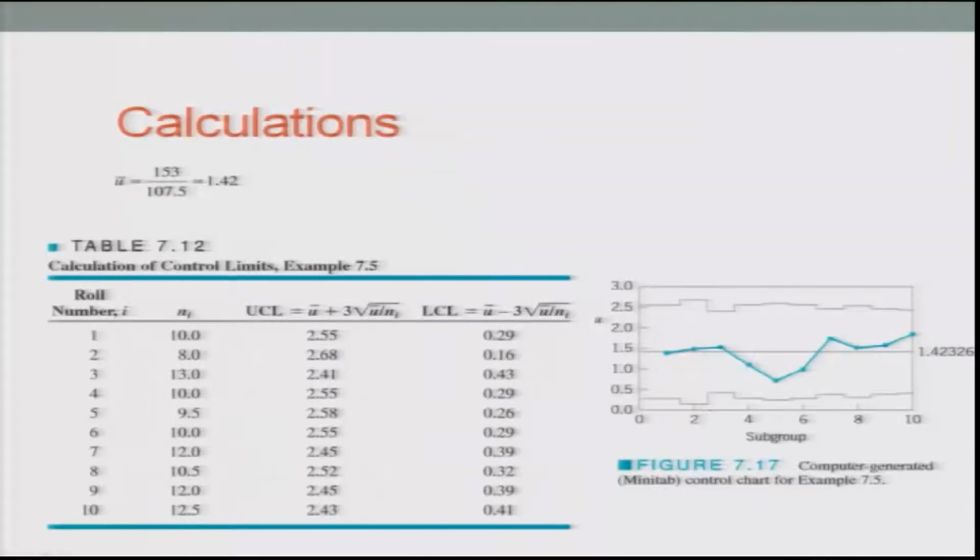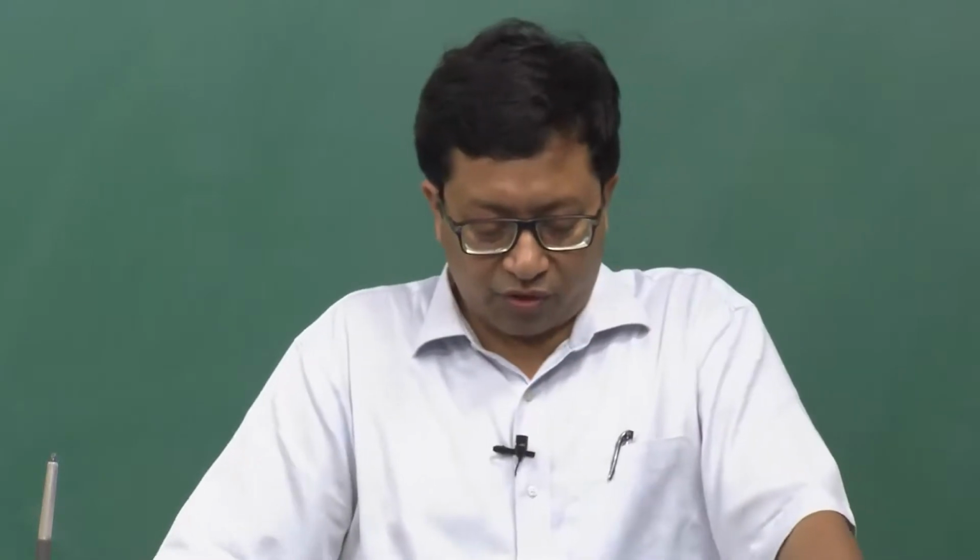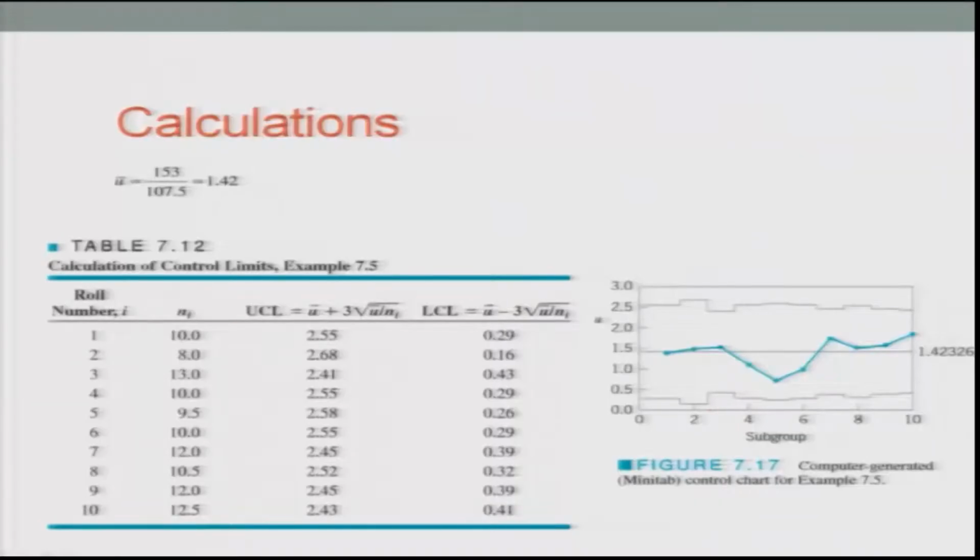Based on that, we do the calculations and find u bar as 1.42. For calculating the control limits, the ni's are given. These are the sample sizes, which change from one set of observations to another.